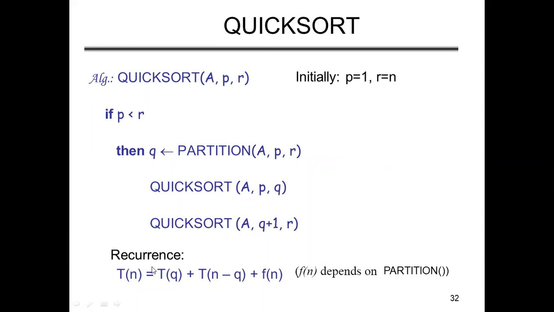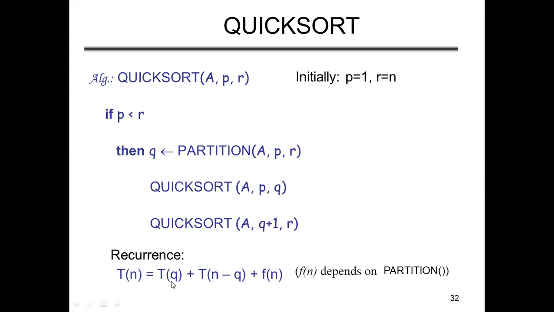The recurrence relation for this quicksort algorithm is T(n), the time complexity for n inputs, equals T(q) + T(n minus q) + f(n).